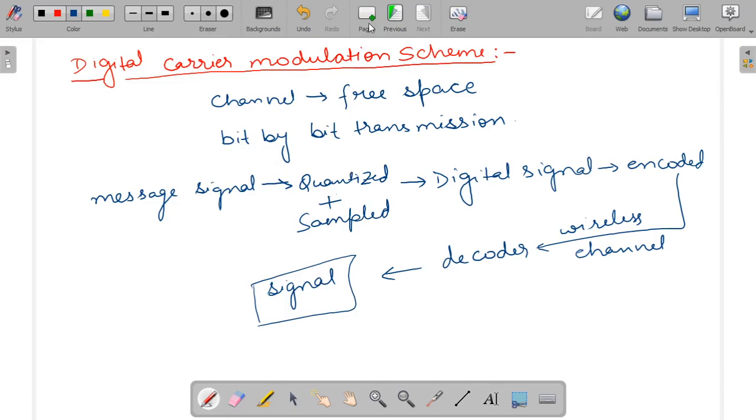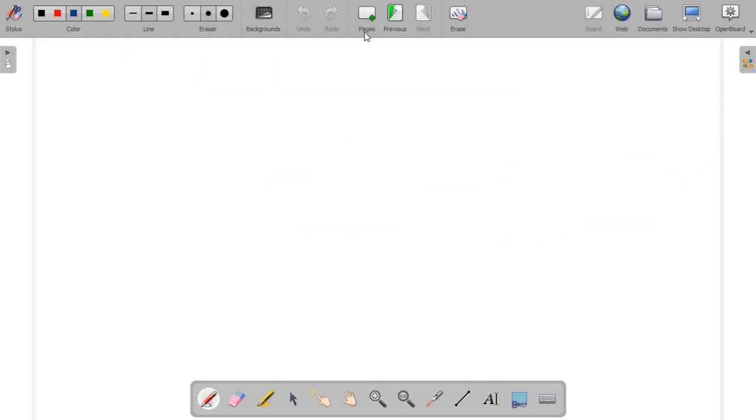So now we will start our first binary signaling schemes. This is binary signaling scheme. In this, first we will study ASK.